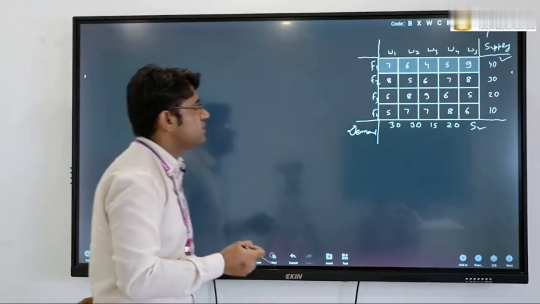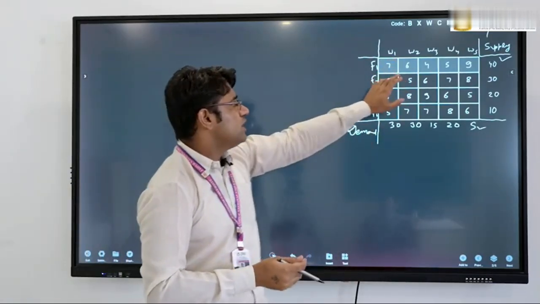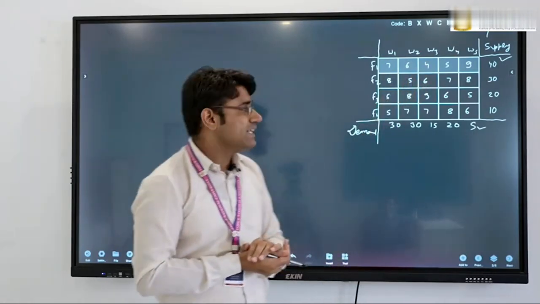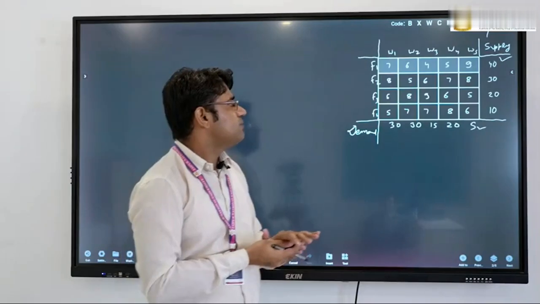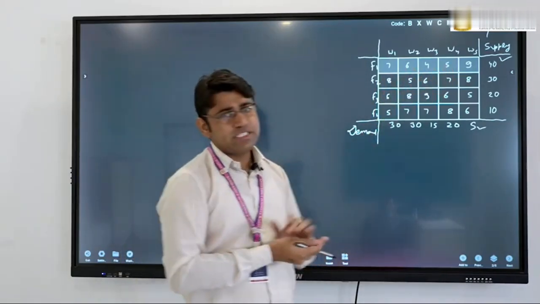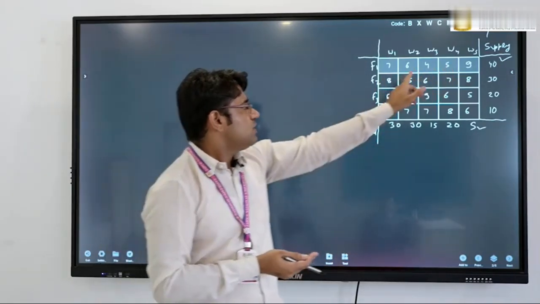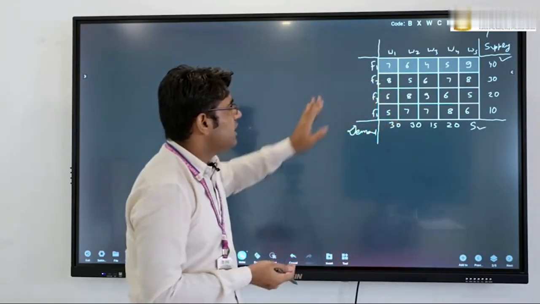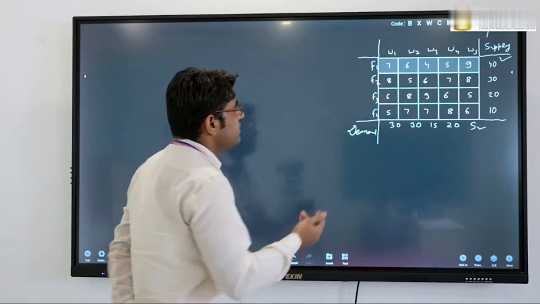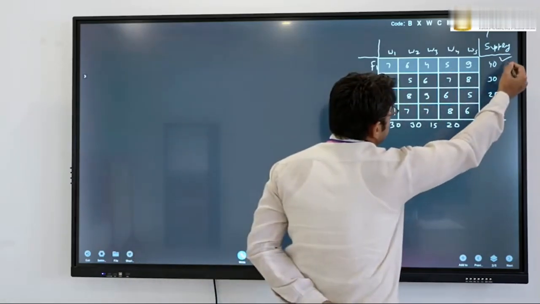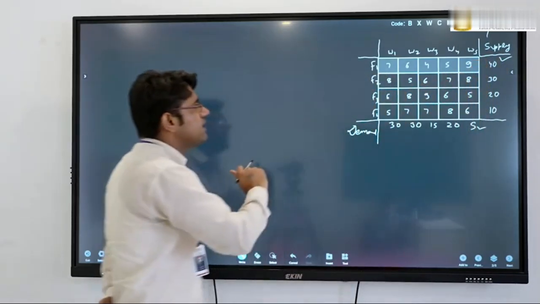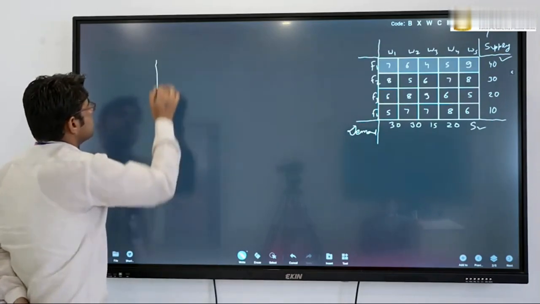In step first choose the smallest and second smallest element and subtract second smallest element minus first smallest element and write it against this row. This is called the penalties of row first.